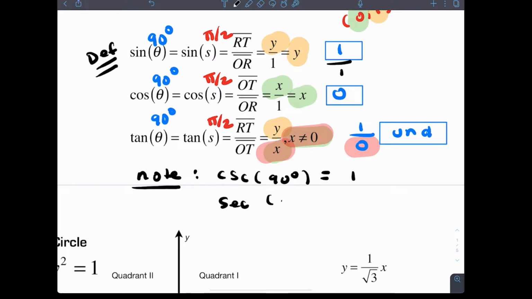What's secant of 90 degrees? You write the reciprocal. This is 1 over... I don't have space here. Let me do this. I'll give you the definitions.